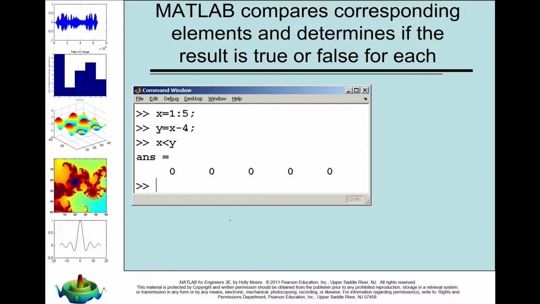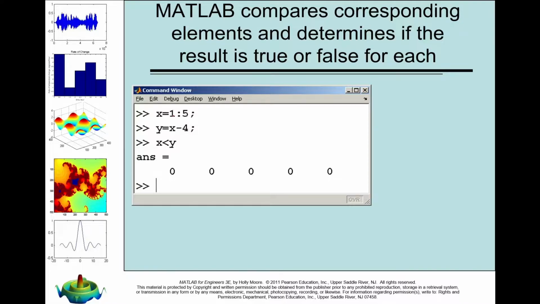Of course, since the variables in MATLAB usually represent entire matrices, let's redefine x and y. x here we define as a vector, 1, 2, 3, 4, 5, and then variable y as x minus 4.